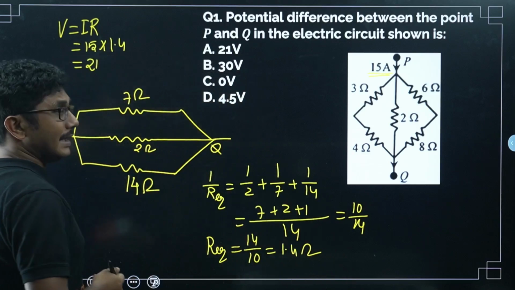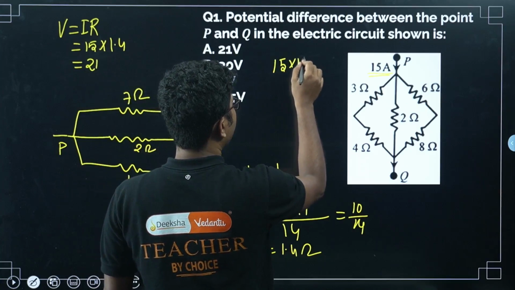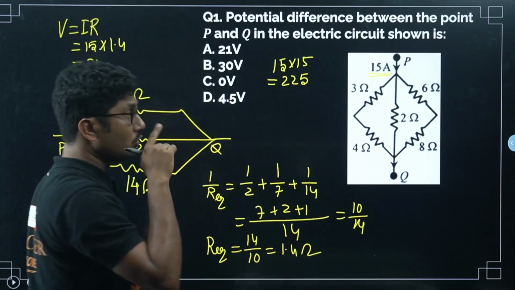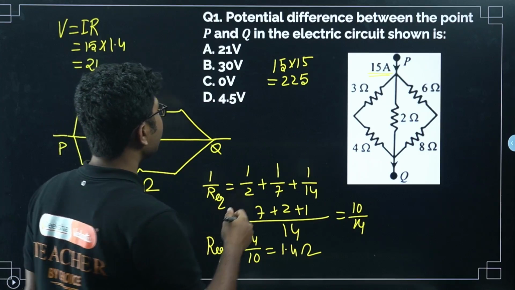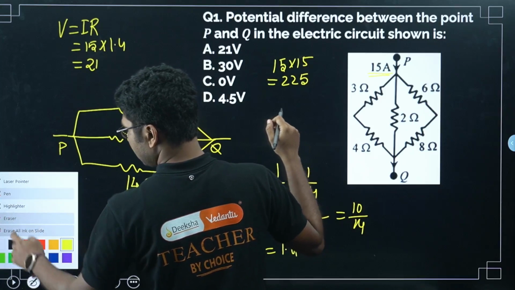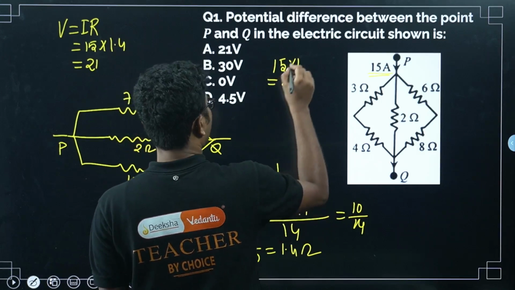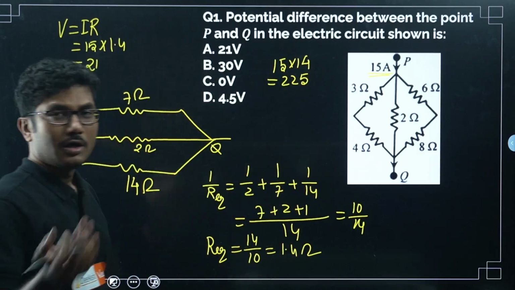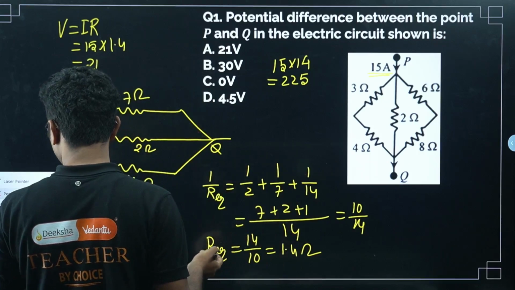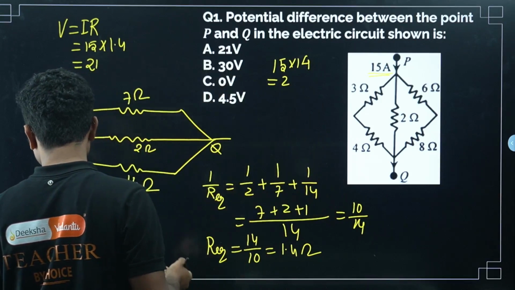Because 15 times 15, you should remember, is 225, right? So what will the value be if instead of 15 it is 14? It should be around 210. So it will be more than 200 obviously, but very close to 225.